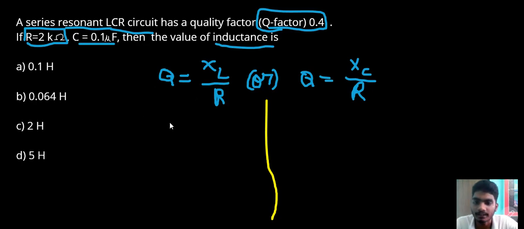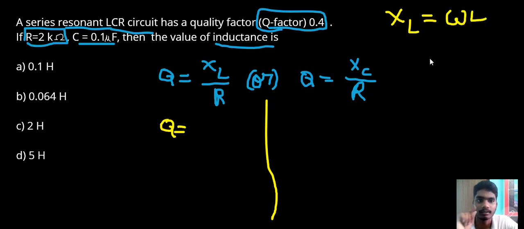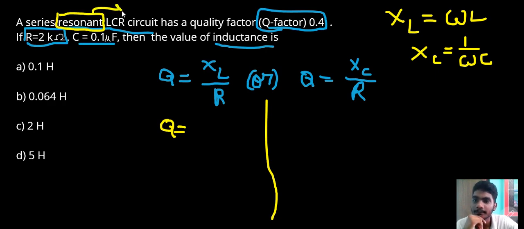So the Q factor is equal to, we know that XL is equal to omega L, and XC, the resistance acquired by the capacitance, is equal to 1 by omega C. Here at resonance, resonant means the resistance acquired by the capacitance is equal to the resistance acquired by the inductor.